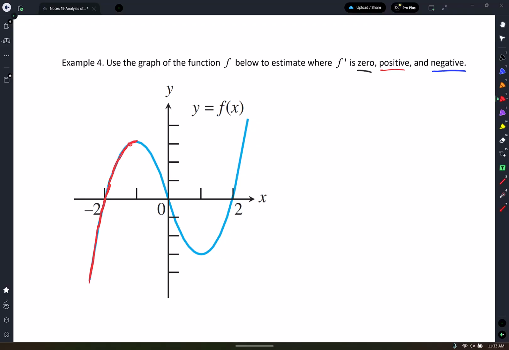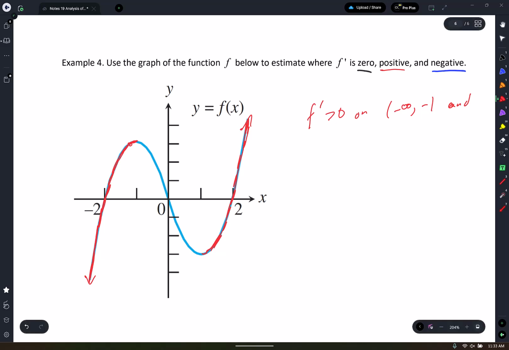Where f prime is positive, and I think this one assumes that you're like this, so I'm going to write f prime greater than 0 on negative infinity all the way to negative 1, bracket, and it just says f prime positive, so not bracket, parenthesis, 1 comma to infinity.